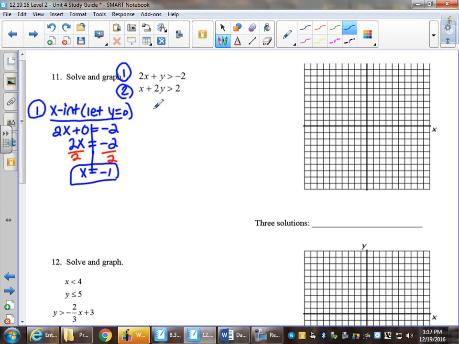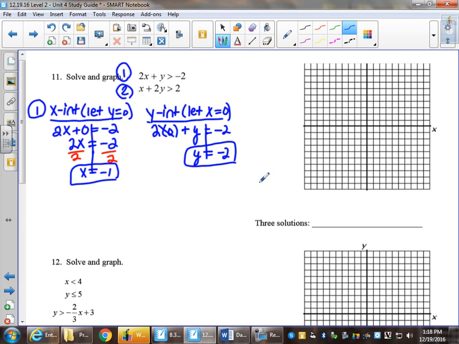Y-intercept, let x equal 0. So 2 times 0 plus y equals negative 2. And that's really nice because right away that's gone and I straight up get y equals negative 2. Let's graph this first line. So my x-intercept is at negative 1. My y-intercept is at negative 2. From the inequality sign, I know that this will be a dashed line.